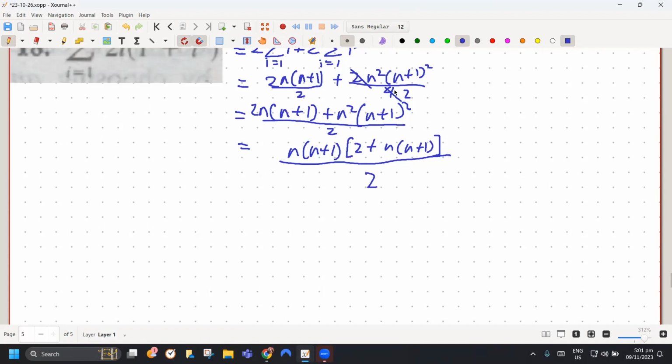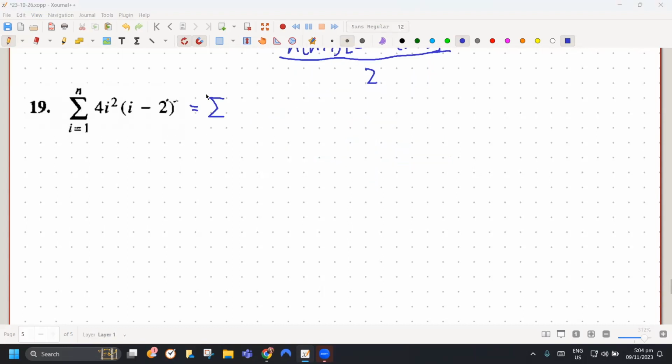Teka, na-copy mo na yung number 19? Ito. Ayan. I-simplify pa to. Sige. Pain and suffering.